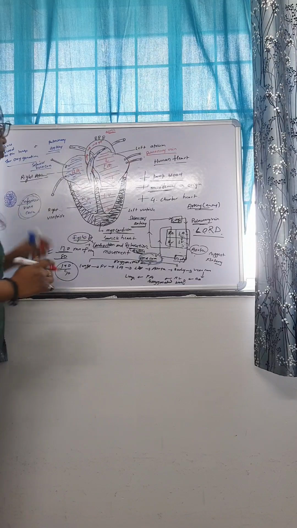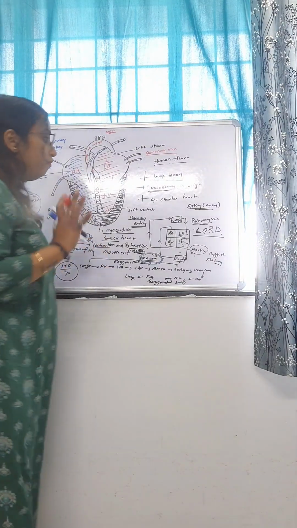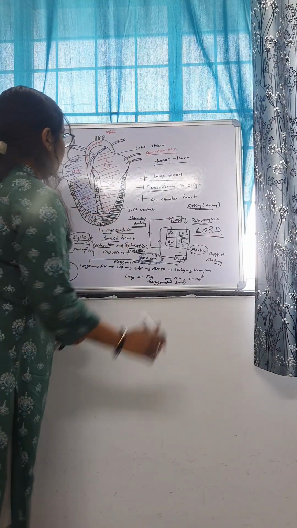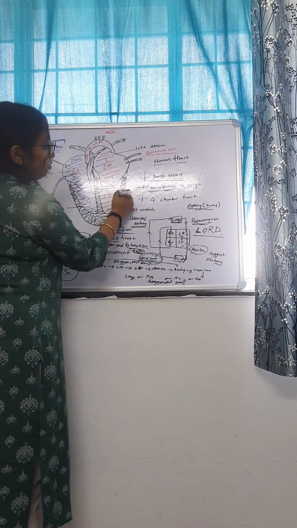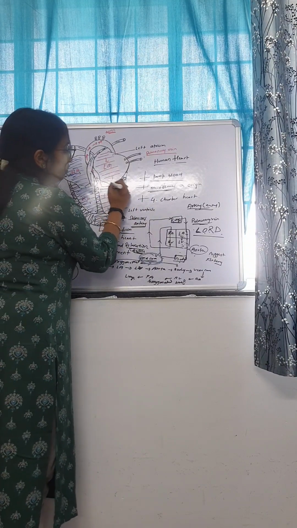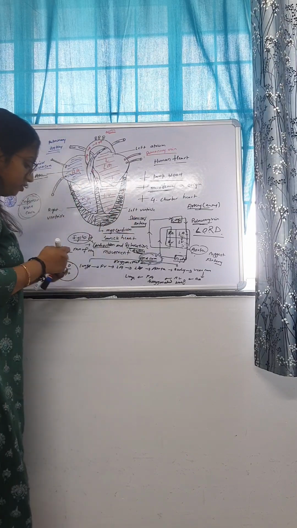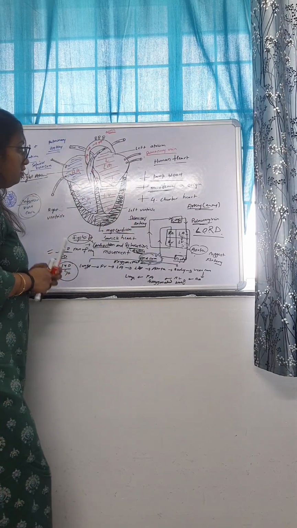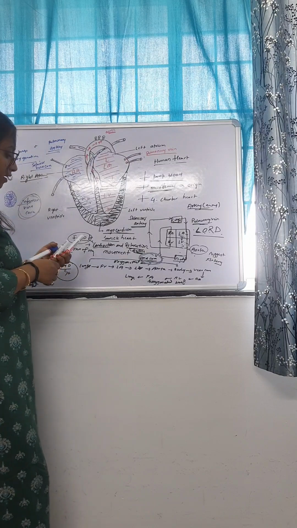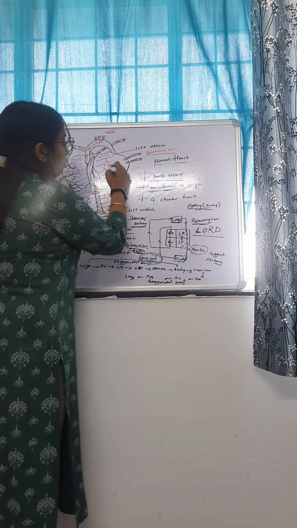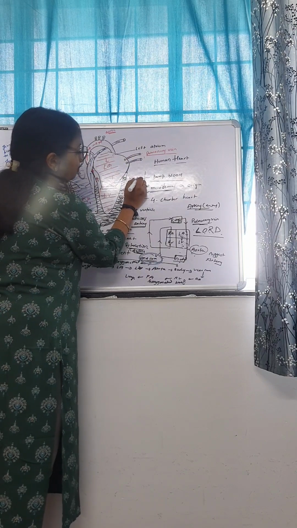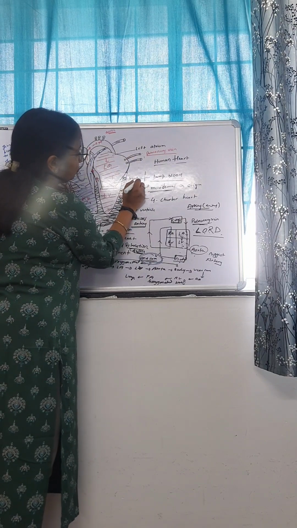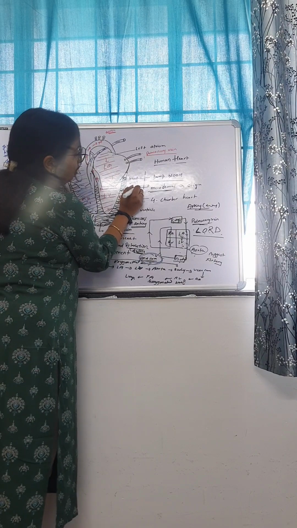So there must be something which prevents the backflow of blood. Whenever the blood comes from the left atrium to the left ventricle, there is a valve. Let me write that with the black. So from the left atrium to the left ventricle, there is a bicuspid valve or mitral valve.